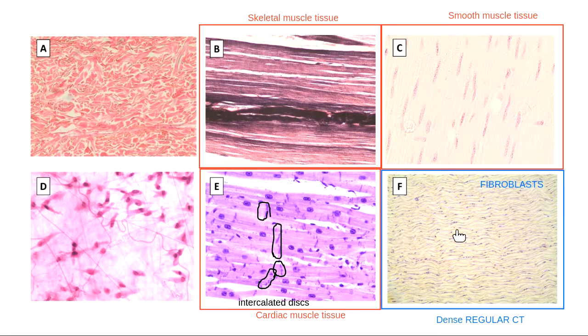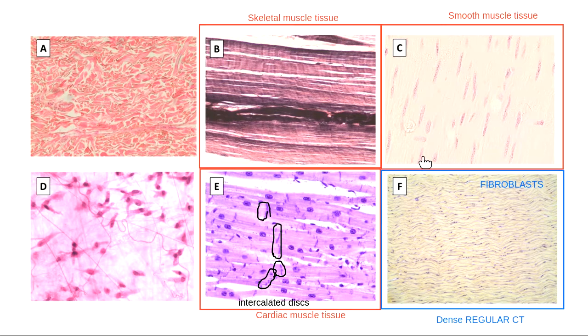All of these little black spots that we see, or purple spots, are the fibroblast cells that build the collagen fibers. When you look at smooth muscle tissue, everything I see in smooth muscle is cells. I don't have proteins outside of my cells, and each of these purple spots that I'm looking at are the nuclei of those cells.